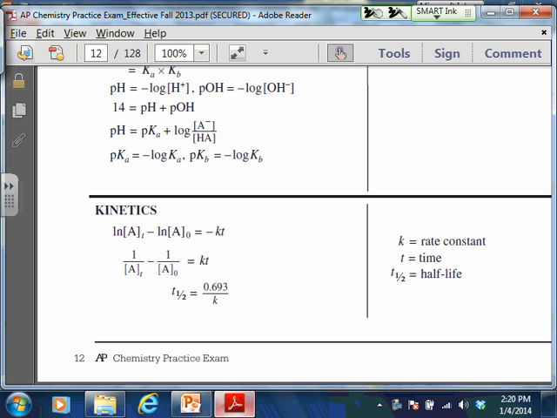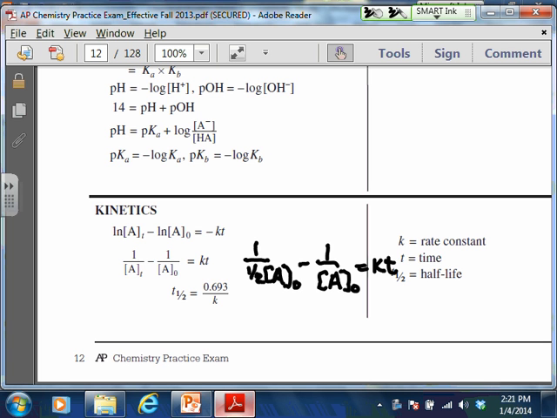So on this one, I can say basically that 1 over 1/2 A0 minus 1 over A0 is equal to kt.